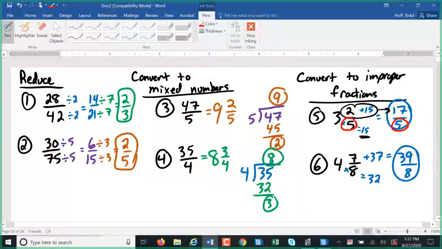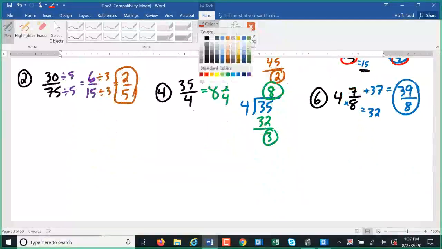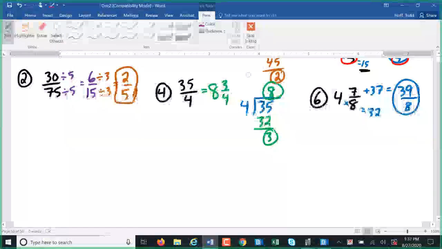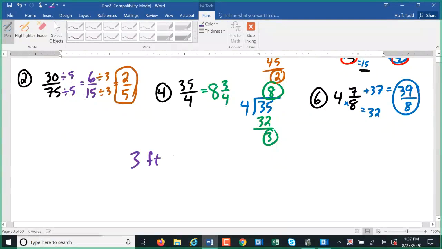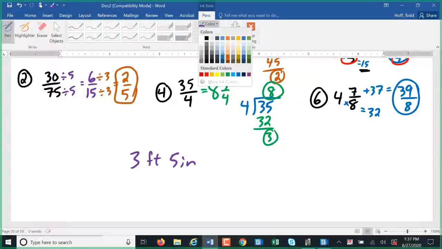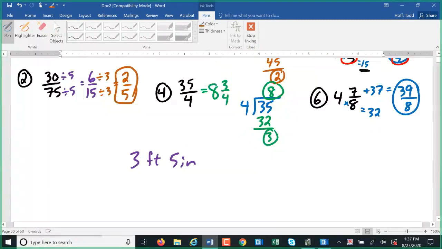It's actually a very similar calculation if we have like 3 feet and 5 inches. Most of the time it's not taught this way, but really that's a mixed number.